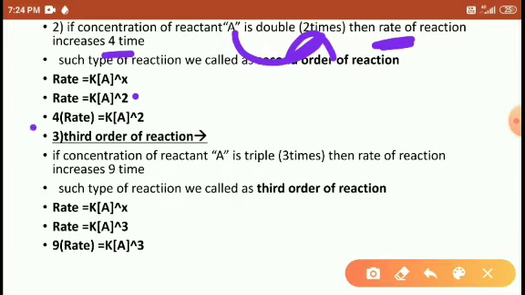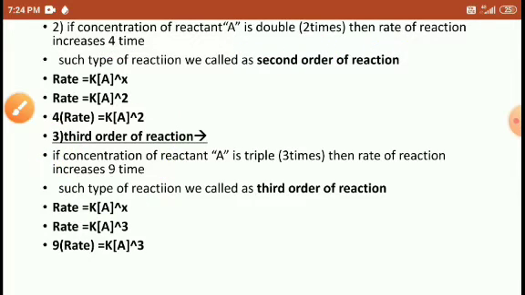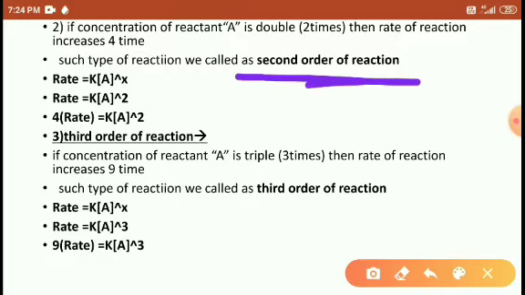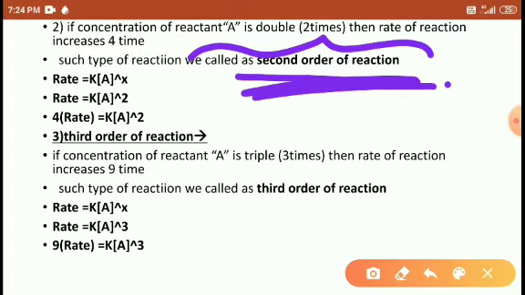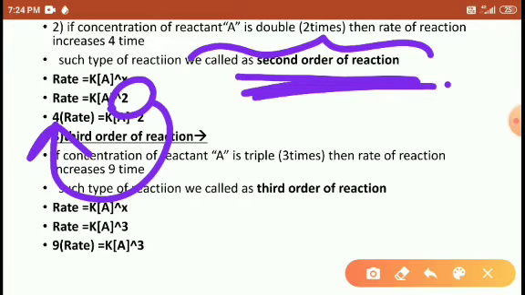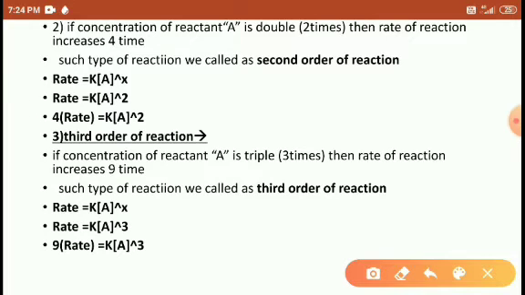If we increase the concentration of reactant 2 times, then the rate increases 4 times, right, students? Understood, students? Second order of reaction: the concentration of reactant increases 2 times, the rate becomes 4 times, that is we call a second order of reaction, right, students?